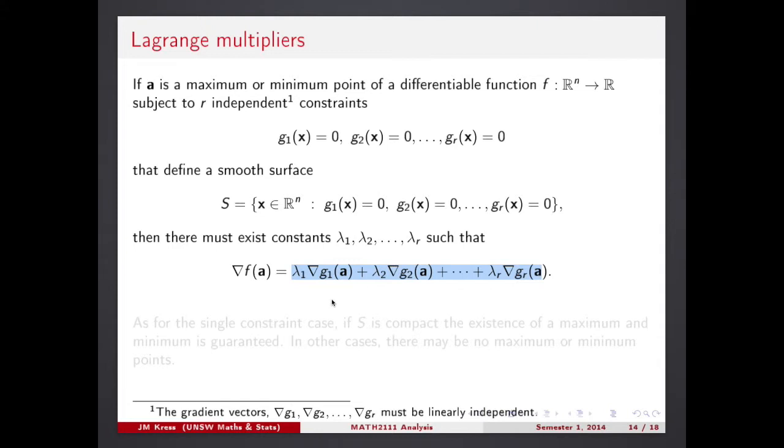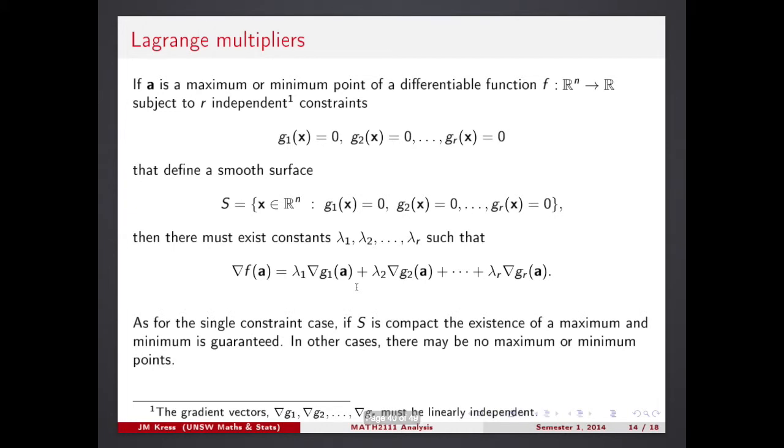Sometimes it may be quite hard systems, but you won't see such systems in this topic, so don't worry about that. Just keep in mind this general principle that when you have more than one constraint, you have to replace the parallel condition with a linear combination condition with more multipliers, like it is here.